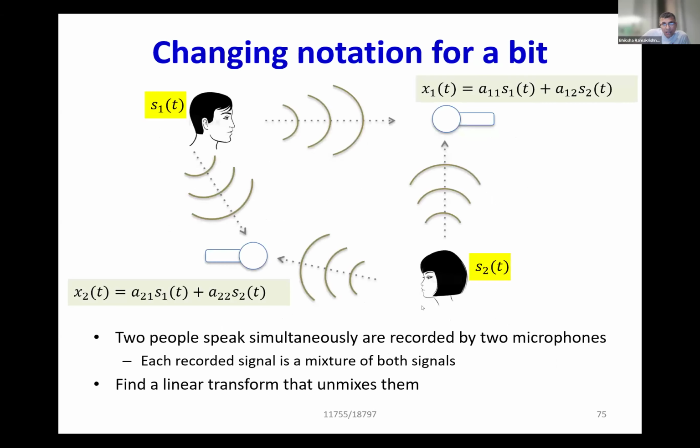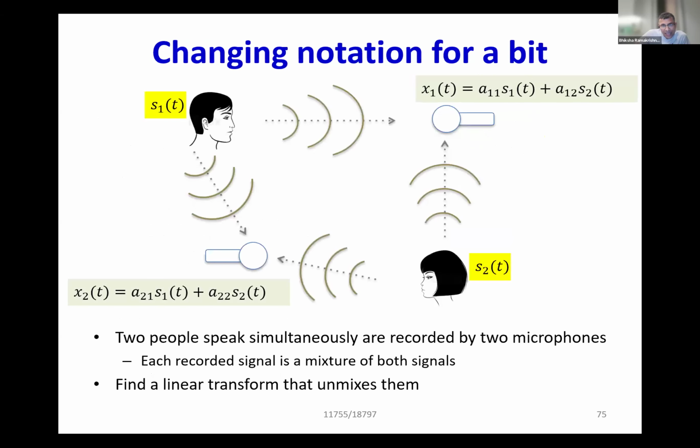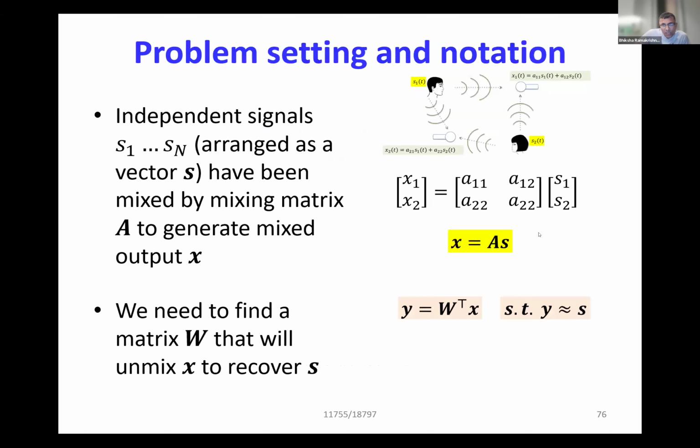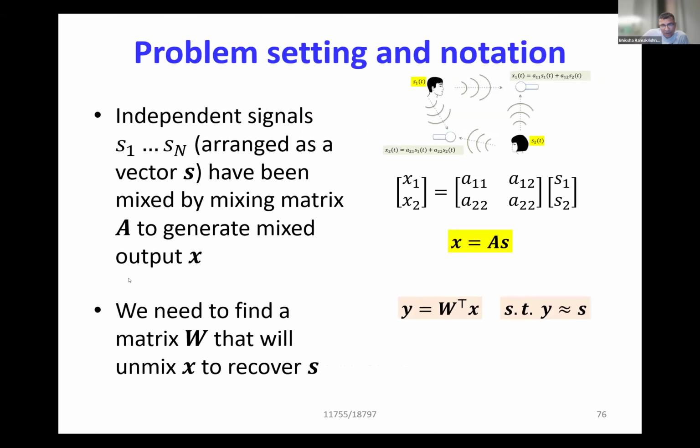So again, going back to this problem, I'm going to change notations for a bit and see how we can achieve the same kind of property using this notion of Gaussianity. So here was our data. I've changed symbols. S was the signals. X is our recorded data now, simply because my slides are mixed up.